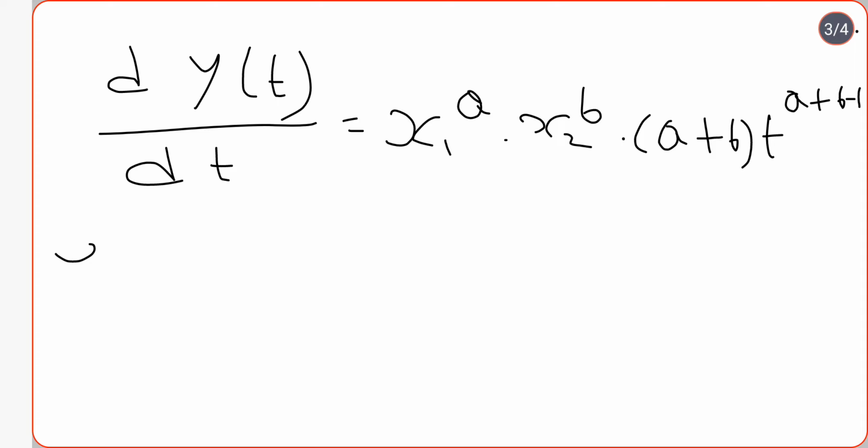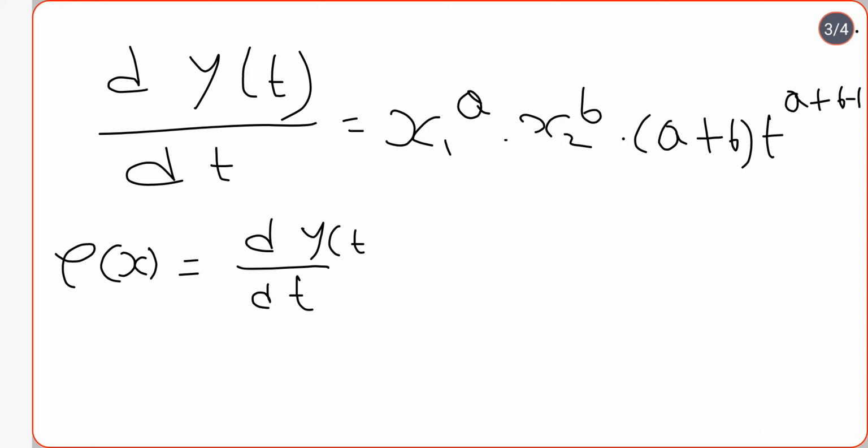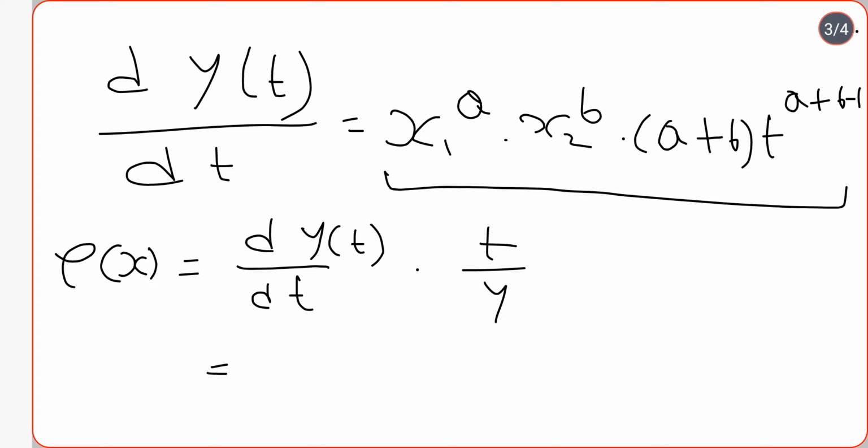So what is elasticity of scale? Elasticity of scale is basically the differentiation of y of t with respect to t into t by y. Differentiation of y of t with respect to t is basically this term.